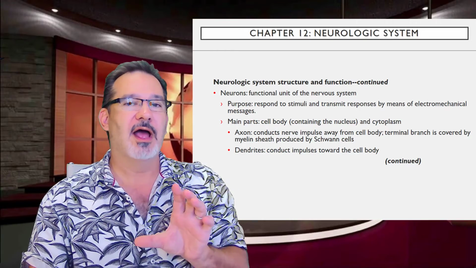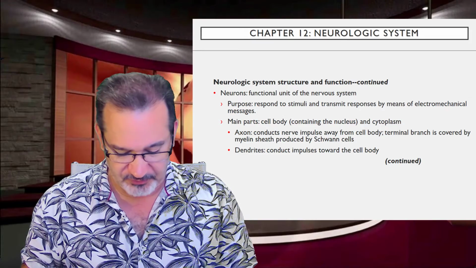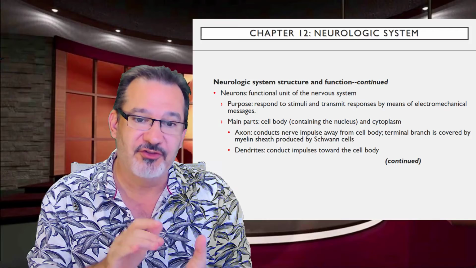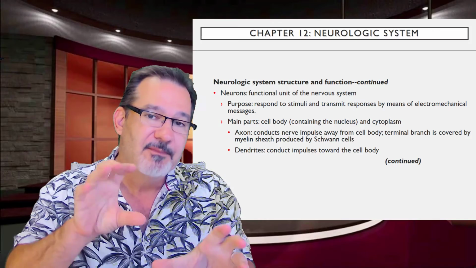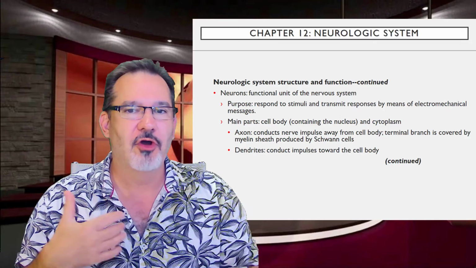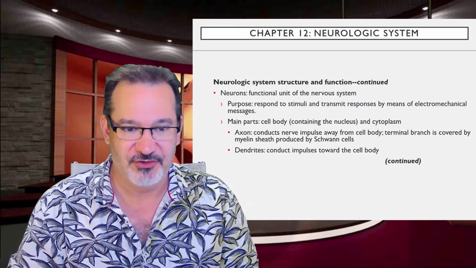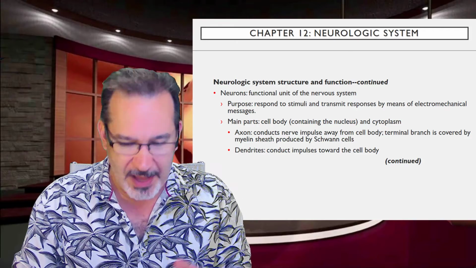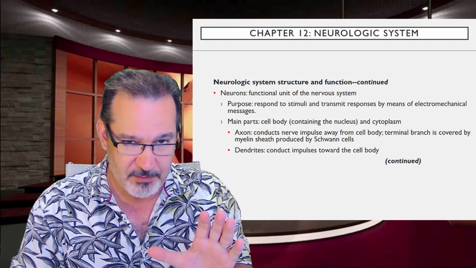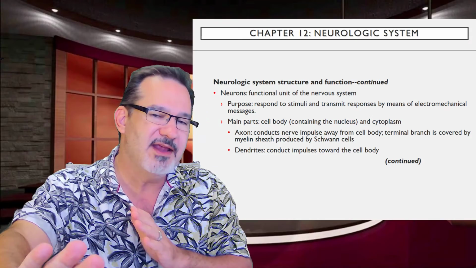Neurons are the functional unit of the nervous system. What's their purpose? It's to respond to stimuli and to transmit responses via an electromechanical messaging system. So axons and dendrites. For me the best way to remember this is axons conduct nerve pulses away from the cell body.